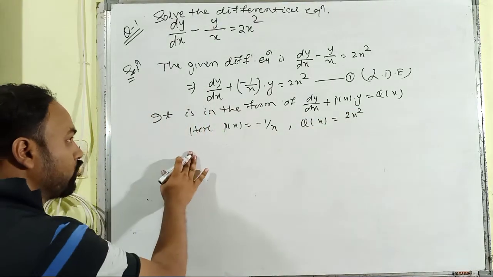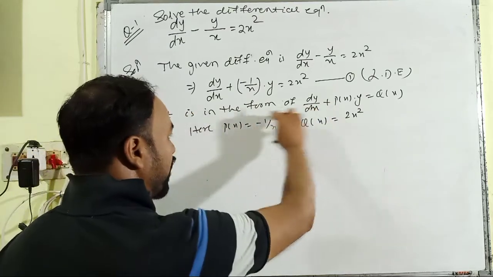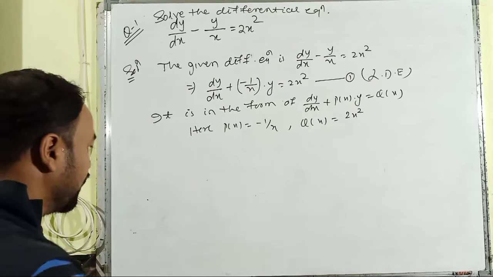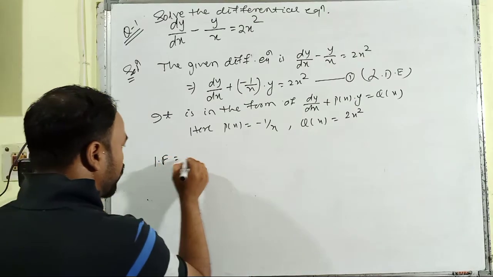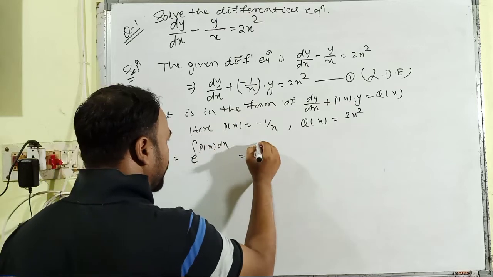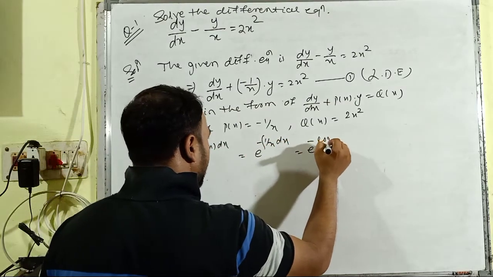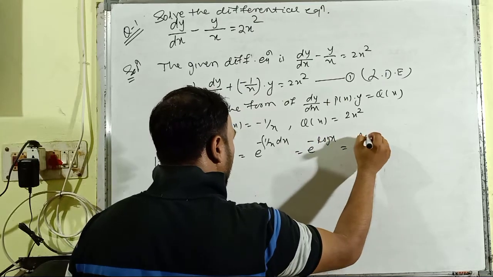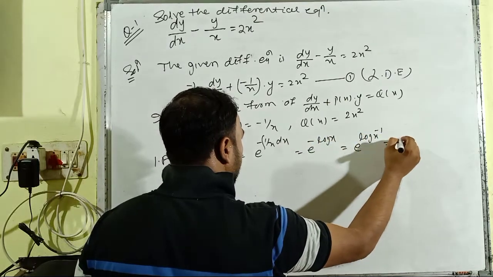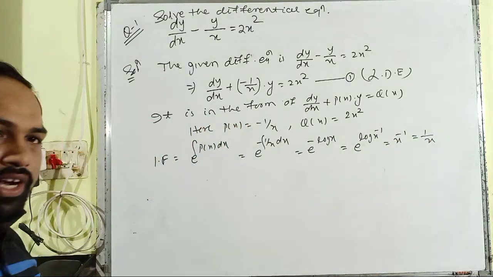This is step number 1, to determine the values of p of x and q of x. Then, in step number 2, the integrating factor is equal to e to the power integral of p of x with respect to x, that means e to the power integral of minus 1 upon x dx. Then it is minus log x. Then e to the power log x to the power minus 1 is x to the power minus 1, that means 1 upon x. So here is the integrating factor.